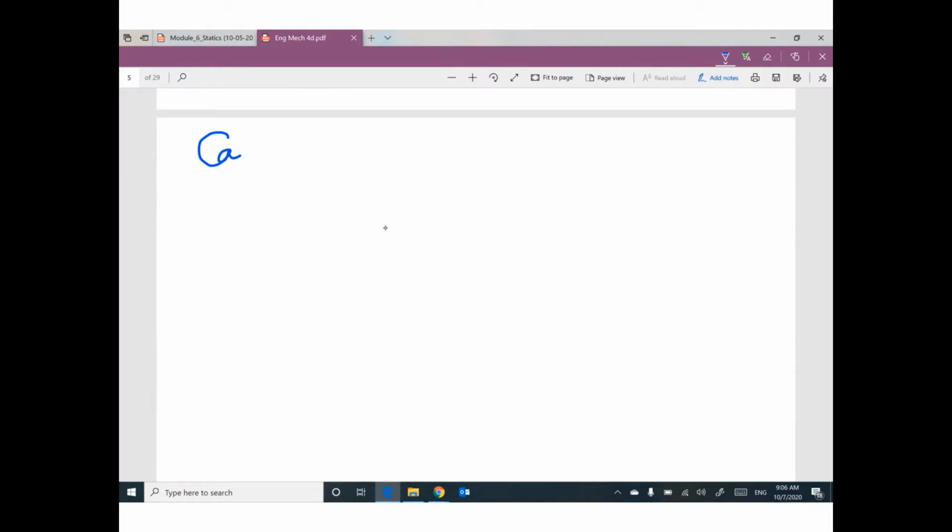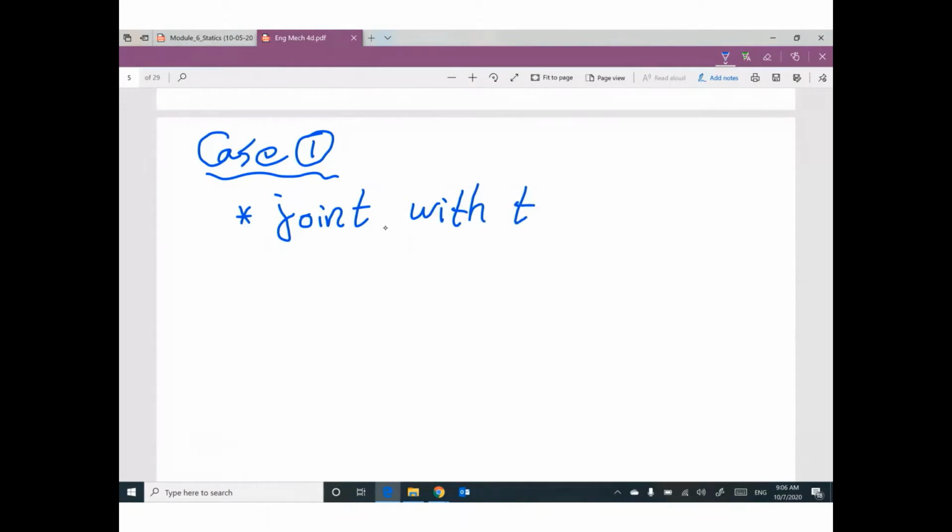Case number 1. We have 3 conditions. We have a joint with 3 members.